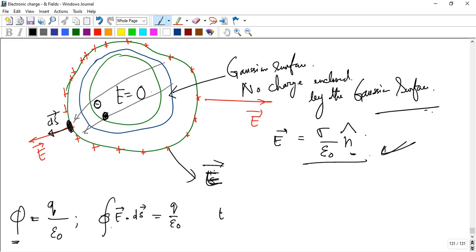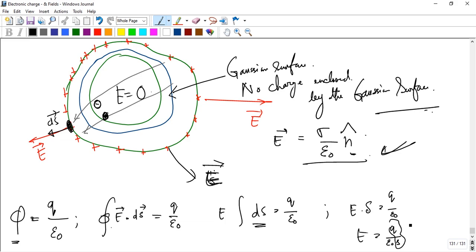So E comes outside the integral, leaving the integral of ds, equal to q over epsilon naught. What is the value of ds? The surface area. So E times S equals q over epsilon naught, and E equals q over epsilon naught times S. Charge per surface area is the surface charge density, so E equals sigma over epsilon naught.